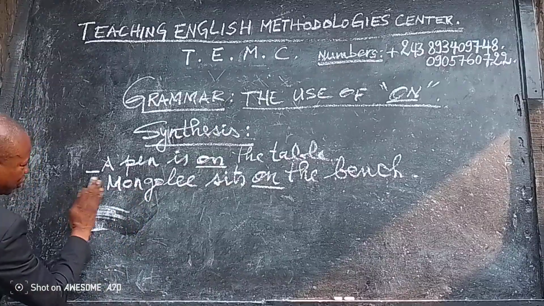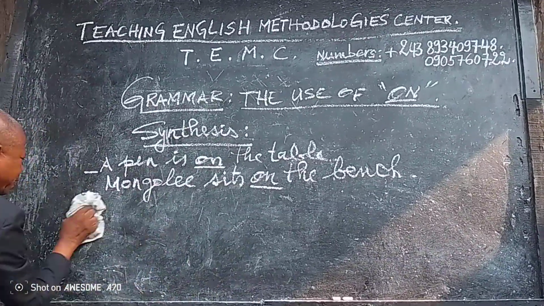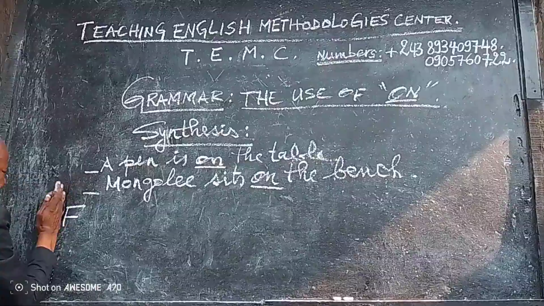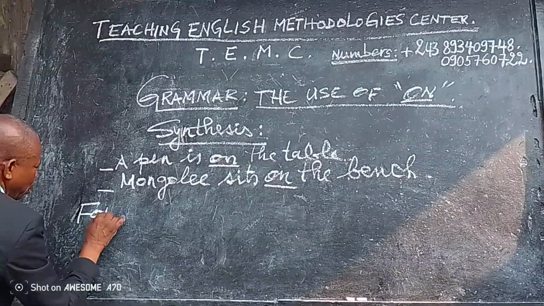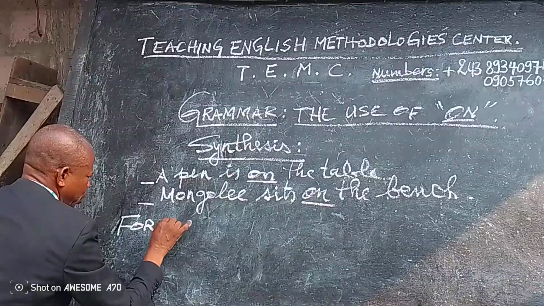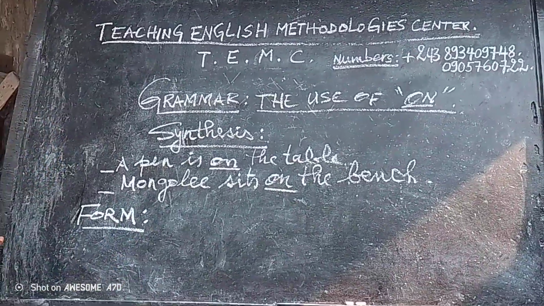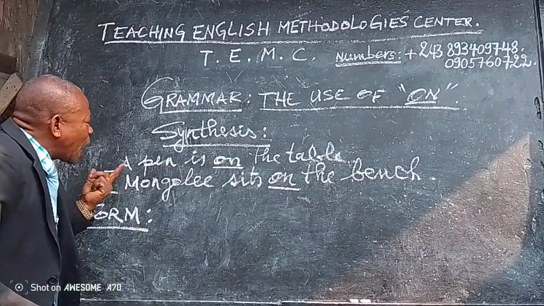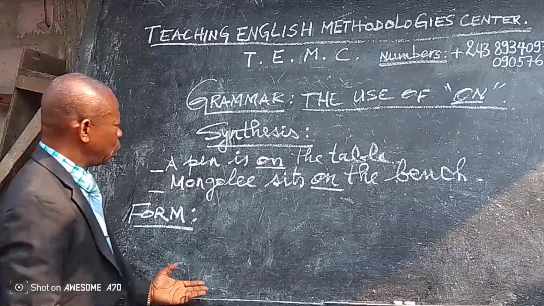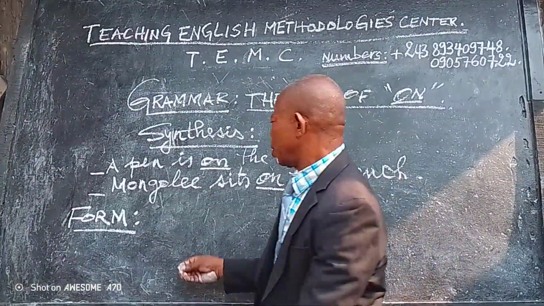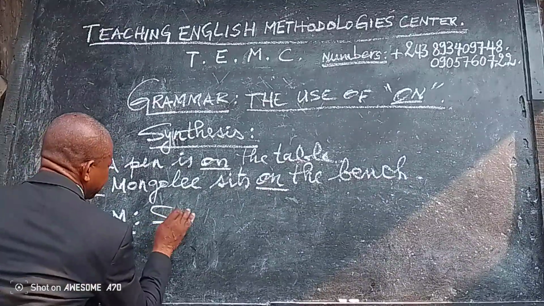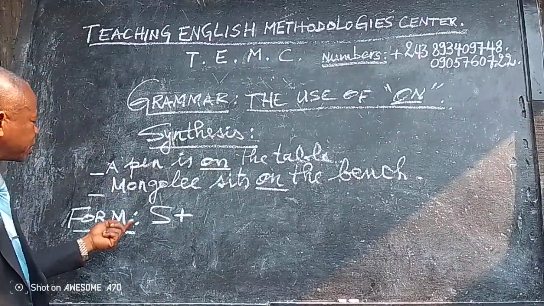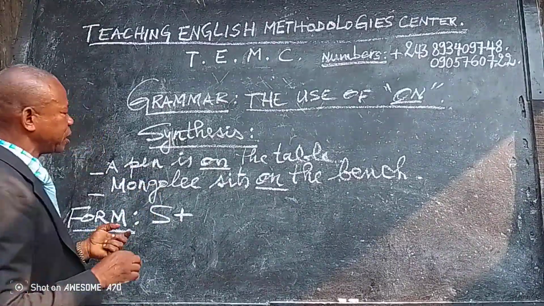Now, the use. So, form first. You start by form, so that you make the use of on clear. You call a pupil to underline the subject. Then you write here subject plus what? We have a pen is subject. Mongolais is subject.